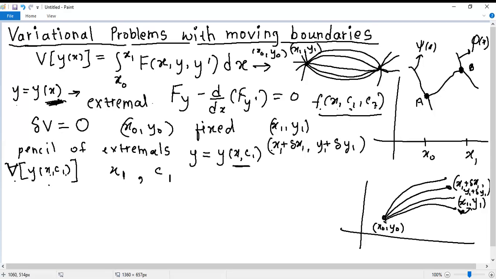Now we look at all these extremals. The diagram I have drawn is not very perfect, but if you draw it properly, it looks exactly like the shape of a pencil, and therefore it is called a pencil of extremals. Now we evaluate this v only on these curves, and then from among these curves we have to find on which curve the extremum is attained by the functional.